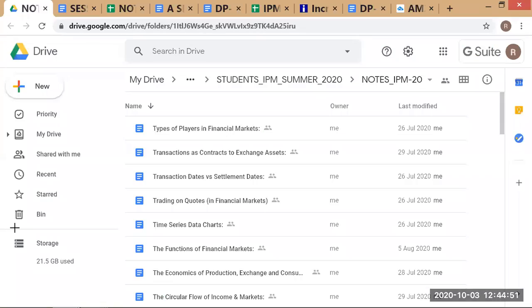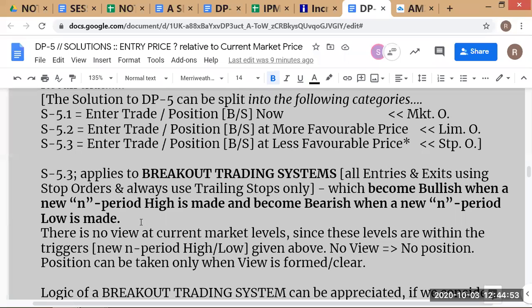So basically, the Donchian trading system is a species of breakout trading system. Understand the logic of breakout trading systems. The basic structure: all entries through stops, buy on new highs, sell on new lows.